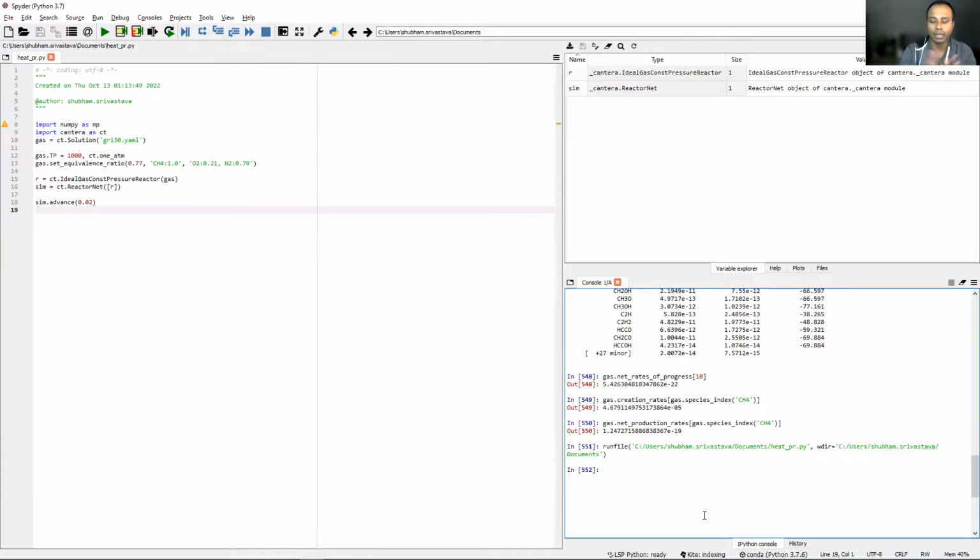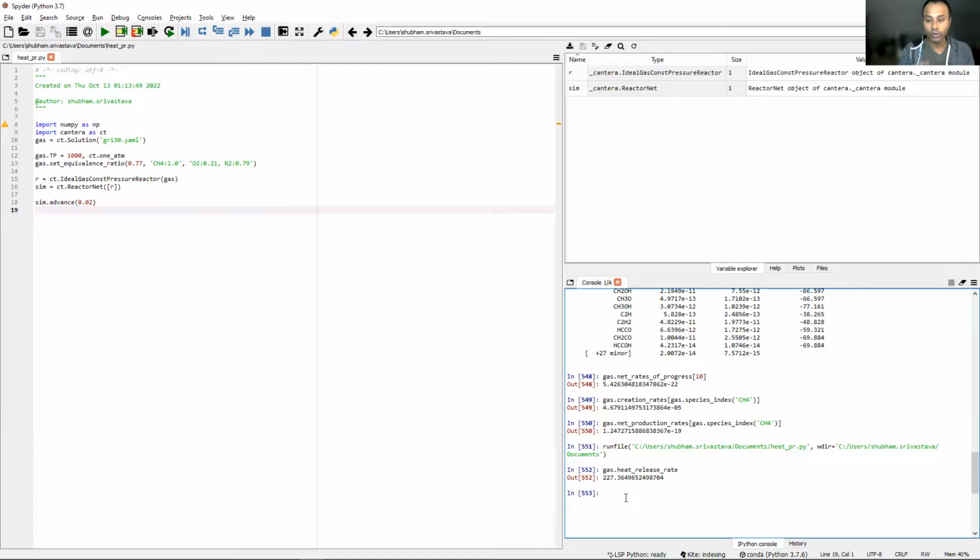Now there is a function that I want to tell you about, called heat release rate. gas.heat_release_rate. So this function, heat release rate, gives you the heat released in this system through all of these reactions, all the reactions combined together, in watts per meter cubed, right?